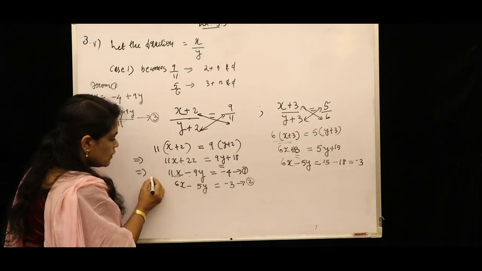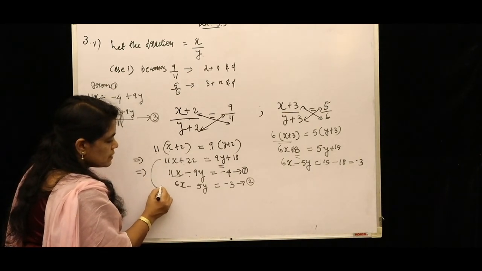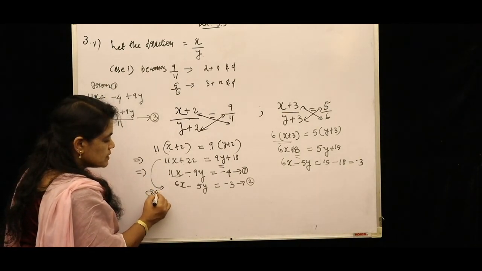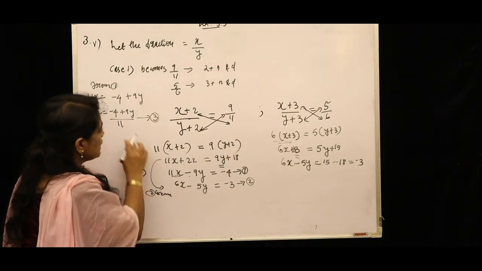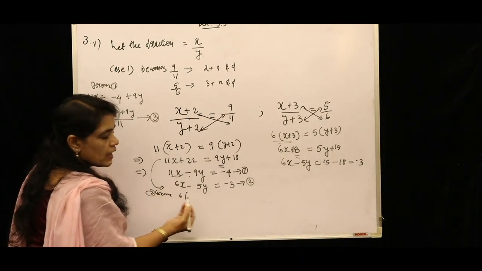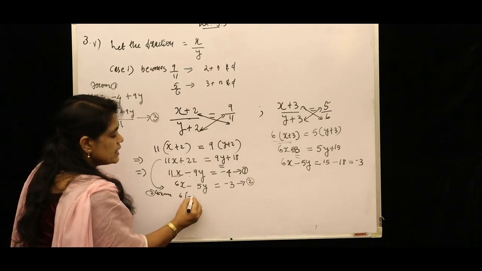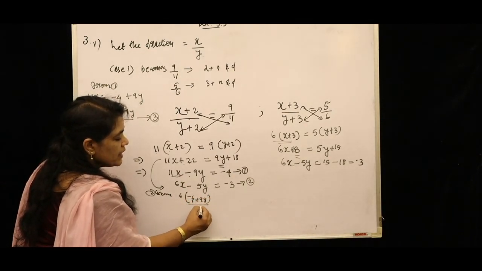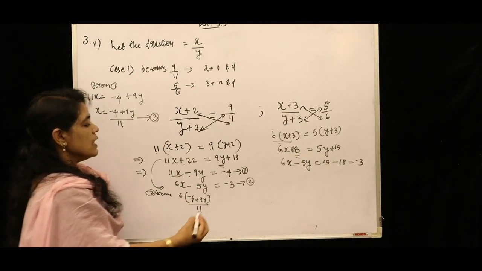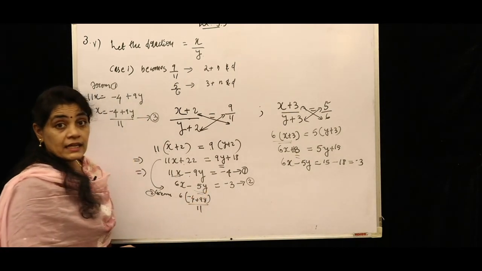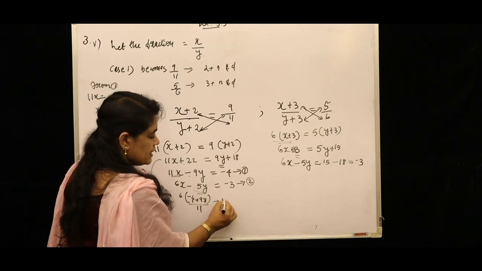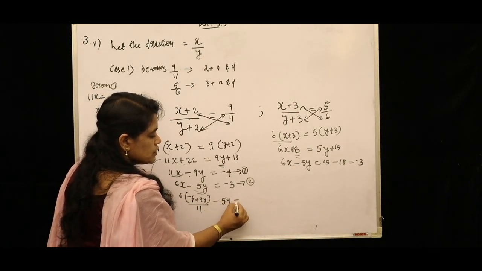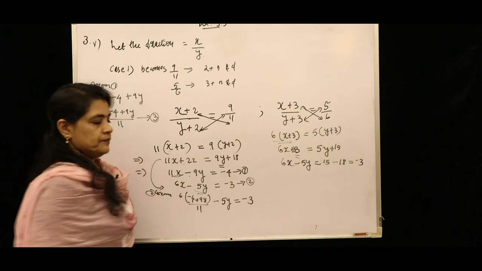From 3, we are substituting the value of x in equation number 2. That means equation 2 becomes, because of 3, I am going to substitute the value of x as negative 4 plus 9y divided by 11. Understood? And this second term is negative 5y, equal to minus 3.